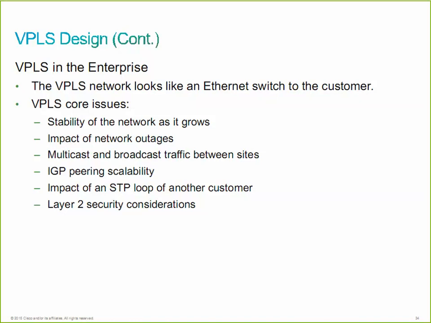If a customer is attached via a layer 2 switch, all the packets from the loop would be flooded over all the links that are interconnecting their VPLS sites. And if they're connecting at 1 gig or 100 meg and the provider trunks are 20 gigs or maybe even a gig or 10 gigs, the impact might not be critical.